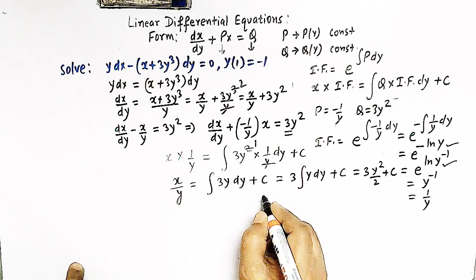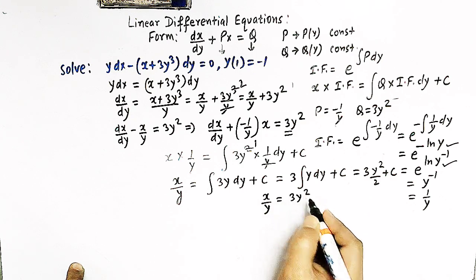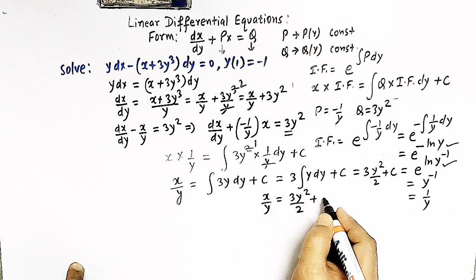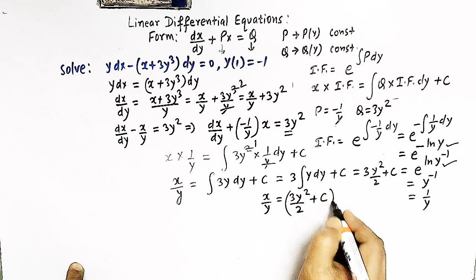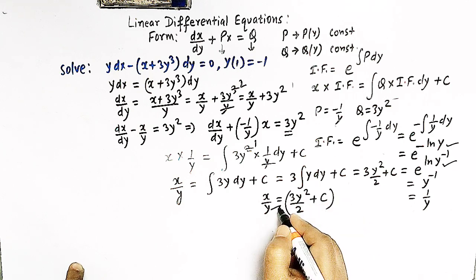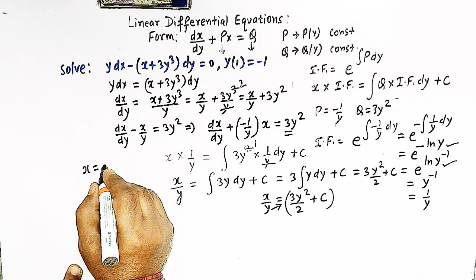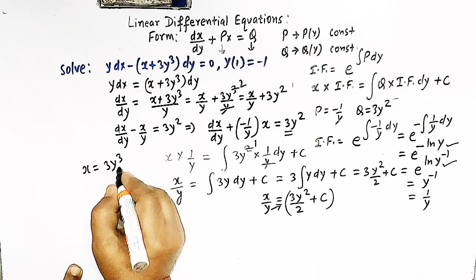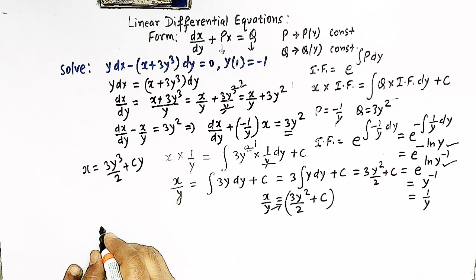So we now have this expression: x over y is equal to 3y square over 2 plus c. Now we can multiply this by y, and we have x is equal to 3y cube over 2 plus cy.